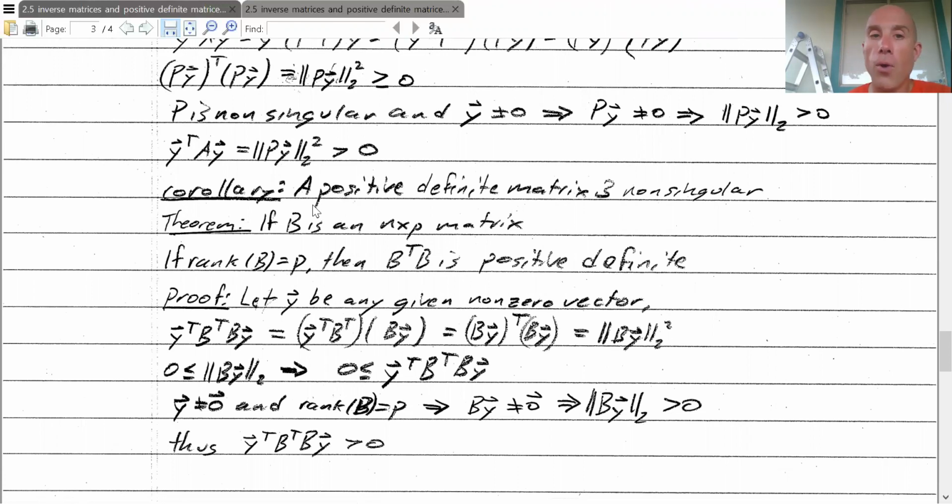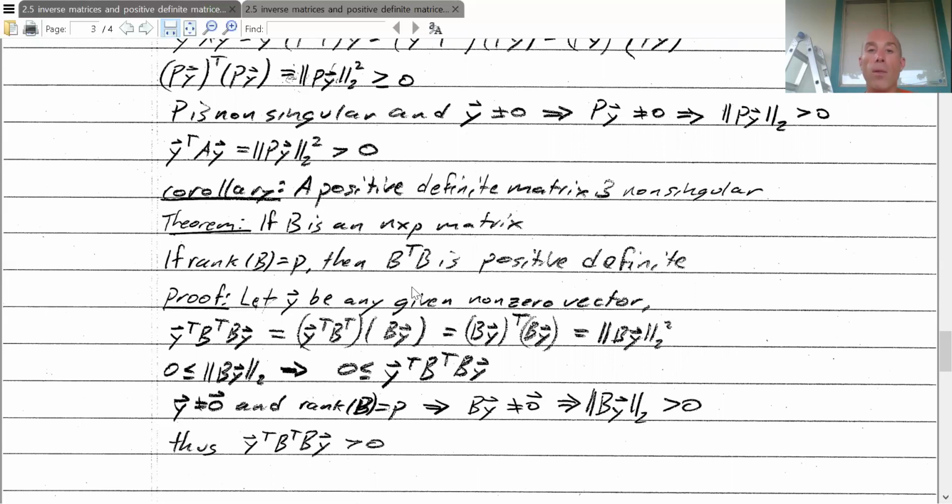All right, so let's do another theorem. If B is an n by p matrix, and the rank of B is equal to p, then B transpose B is positive definite. So if the rank is equal to the number of columns, and I multiply the matrix by its transpose on the left, I get a positive definite matrix.